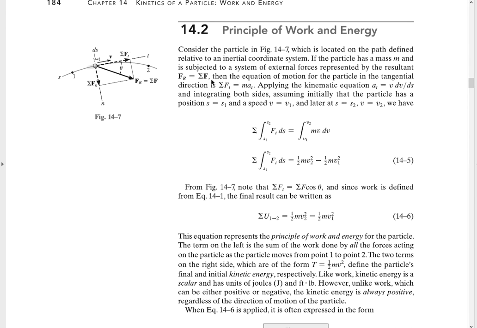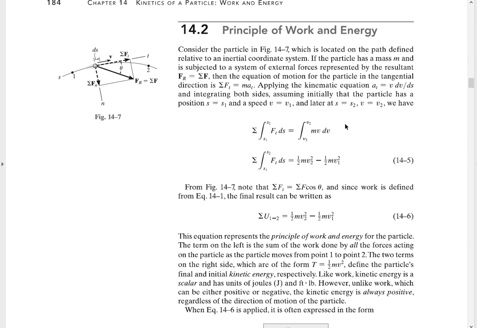Okay, and we take Newton's second law written in the tangential direction, and we are going to use this form of the acceleration. That is, acceleration is dv over dt, but we change it to v times dv over ds.